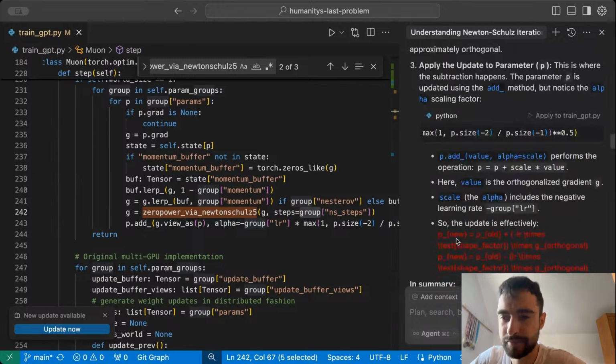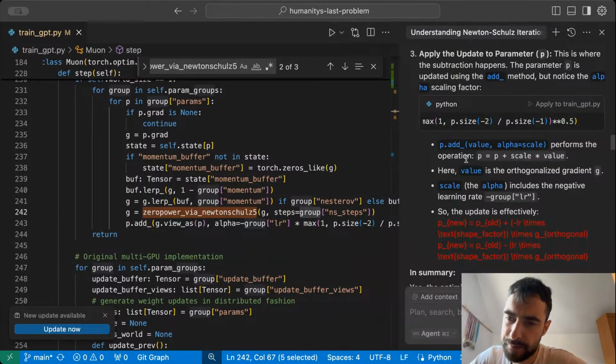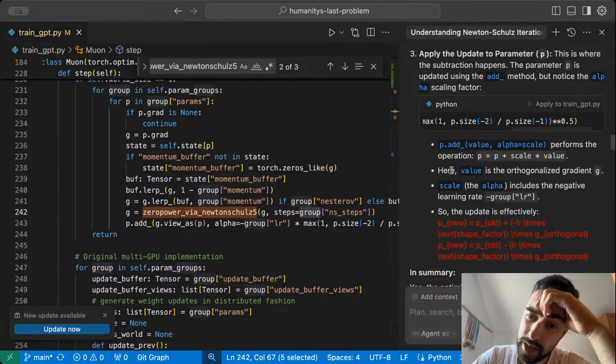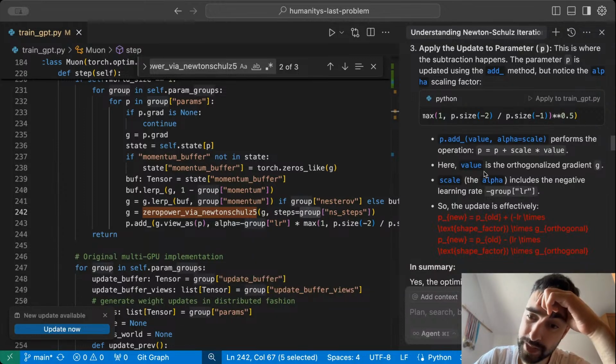Okay, wait. Performs the operation. So P add performs alpha scale. This is some kind of scale. Here, value is the orthogonalized gradient G. Scale, the alpha, includes the negative learning rate.